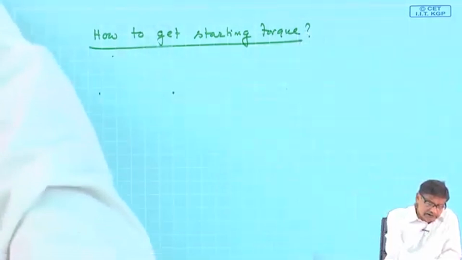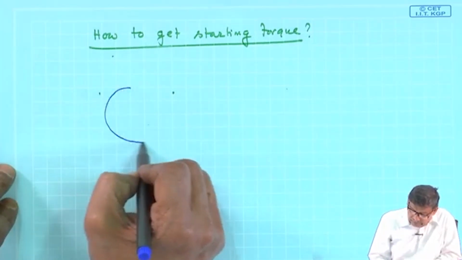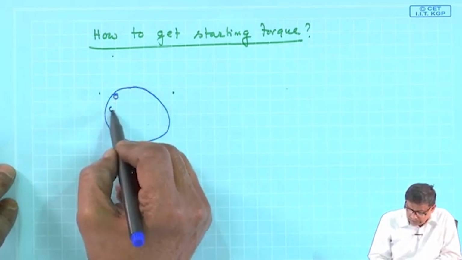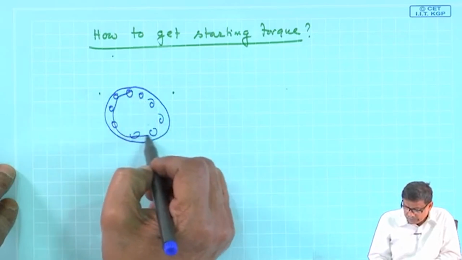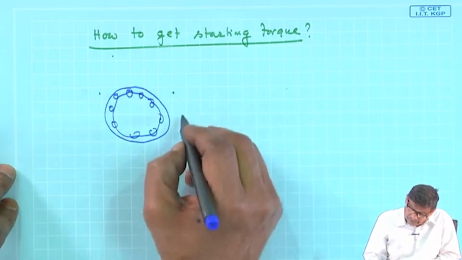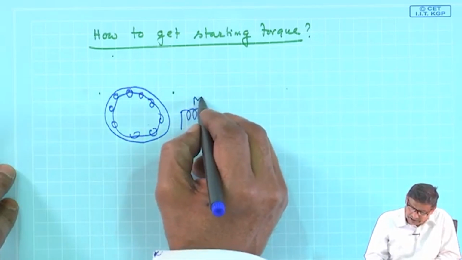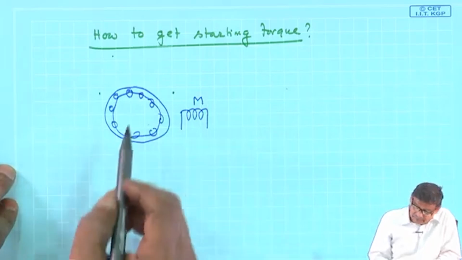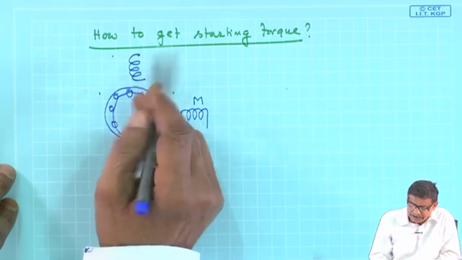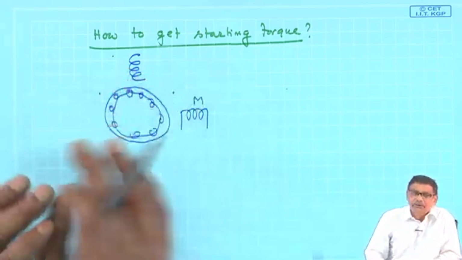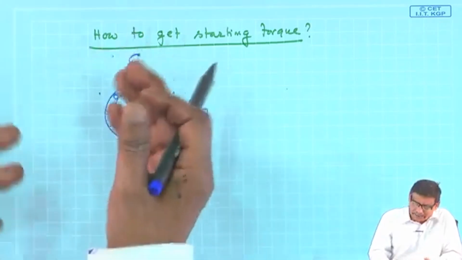To do this, what you have to do is this. This is the rotor, the cage rotor. Here you have to bring another winding; the main winding is the main thing. You have to bring physically the other winding. It is nothing like a dream or thought, but an auxiliary winding.